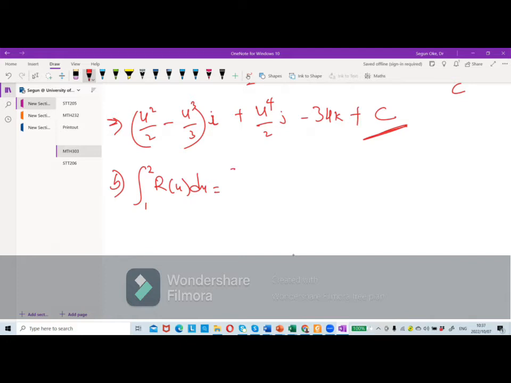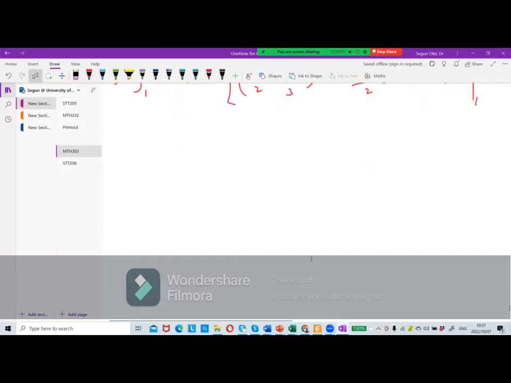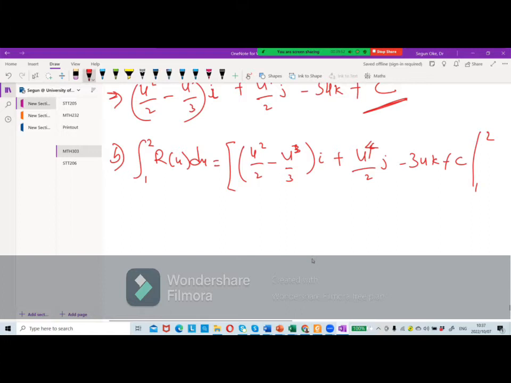So all I need to do is put this in brackets: u squared over 2 minus u cubed over 3, i, plus u to the 4 over 2, j, minus 3u k, then plus C. Don't forget your plus C, although it will cancel, you still need to put it there. From 1 to 2, remember, upper limit minus lower limit. I will just write it out and you can punch your calculator and get it right.